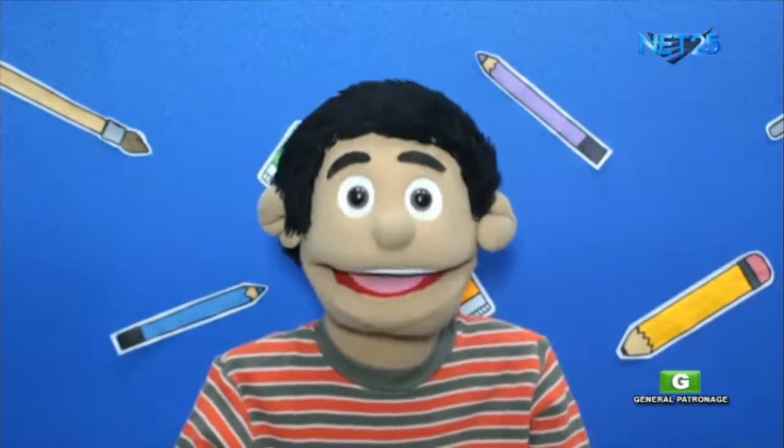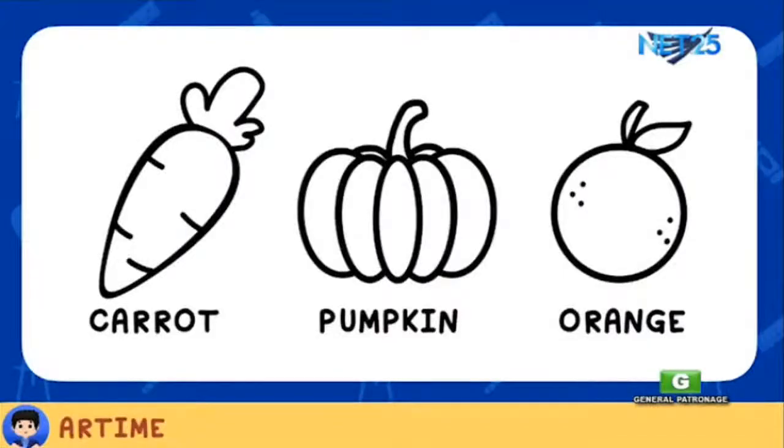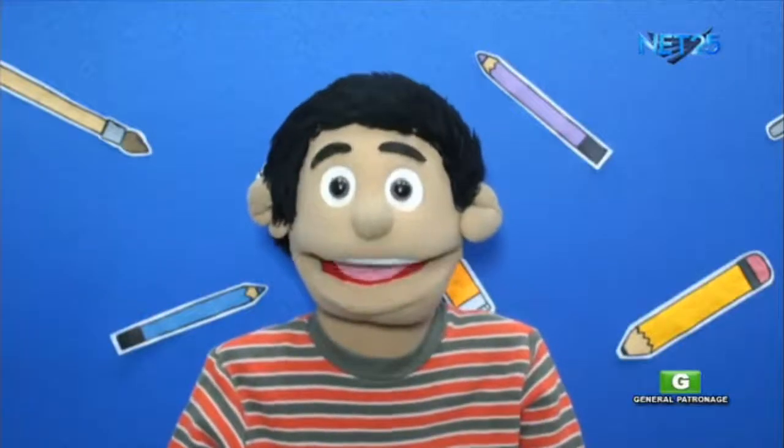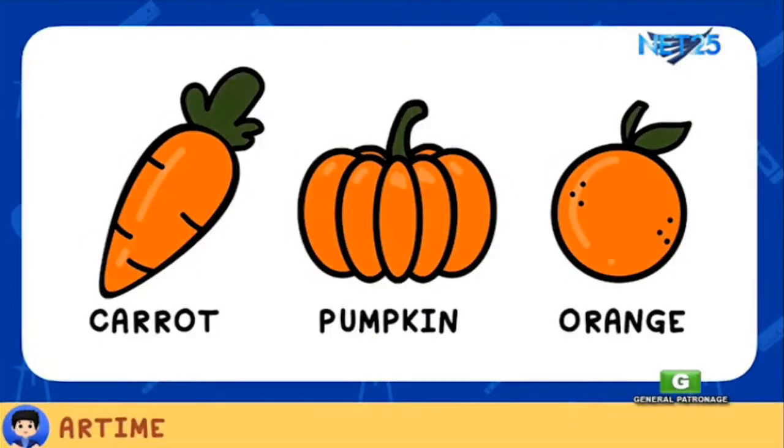Look at these objects, friends. What do we have here? We have a carrot, a pumpkin, and an orange fruit. What is the usual color of these objects? These are usually orange in color. Right, friends?